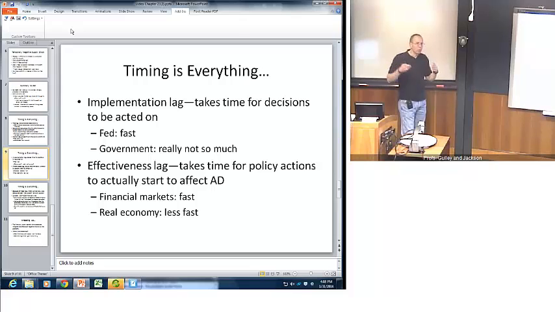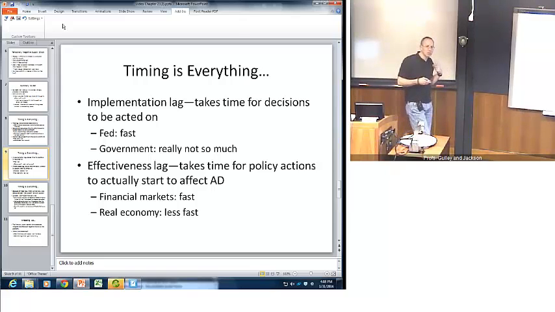So finally you think, well, now we're good. Now finally they've gotten the data, they've recognized there's a problem, and they've decided what to do. But now, unfortunately, once they've decided what policy to pursue, there's what's called the implementation lag. It takes time for decisions to actually take place. So central banks on this front are relatively fast.